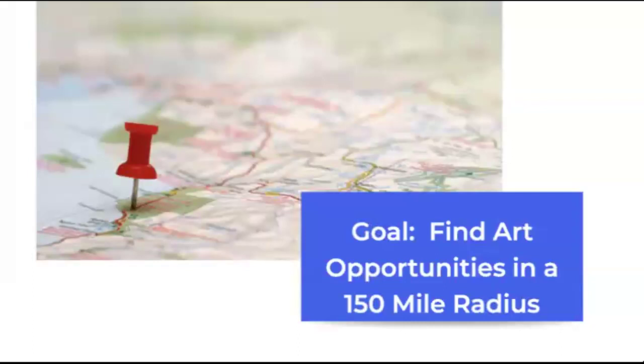So a scenario might be maybe an artist who is creating a body of work and wants to build a local or regional presence where you want to find people and places who are interested in your work, maybe people who collect fine art, and start to develop a collector base and make yourself known in that area as a well-known artist.